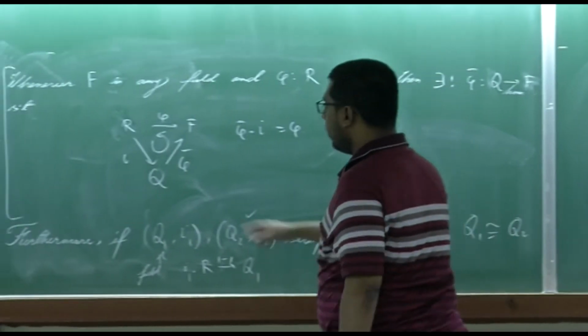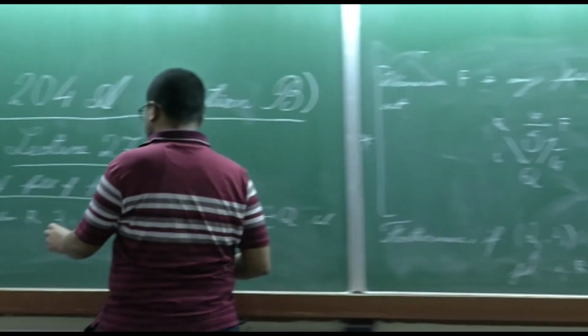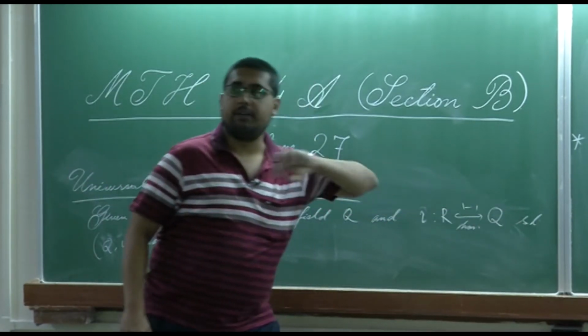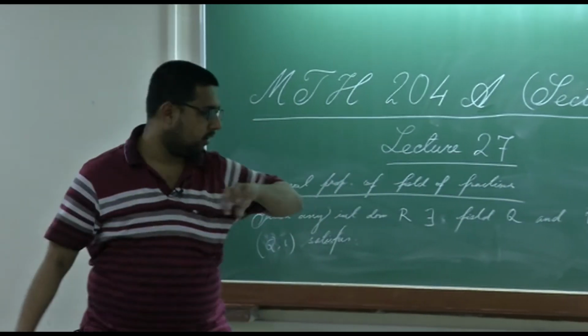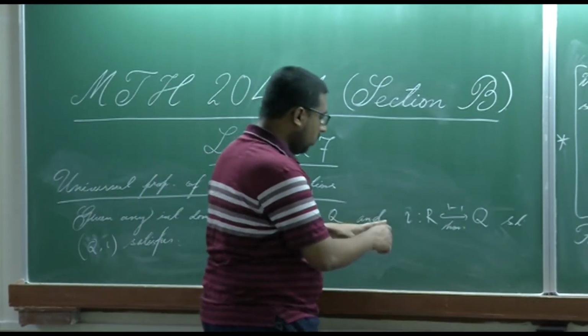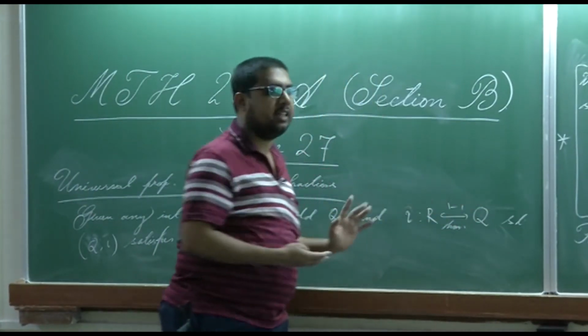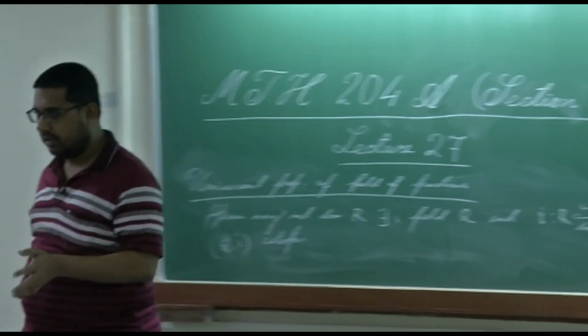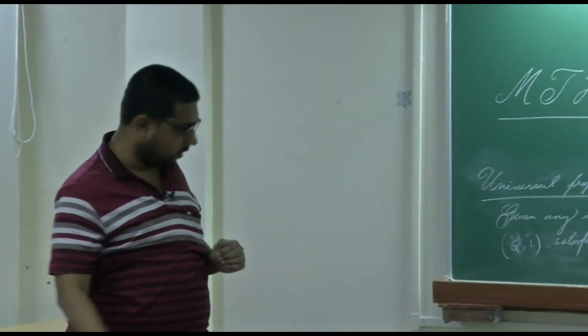So, we are given an integral domain R. We want to talk about a field Q. What is the relation between this R and Q? From R to Q, we have a natural embedding, a 1-1 ring homomorphism.